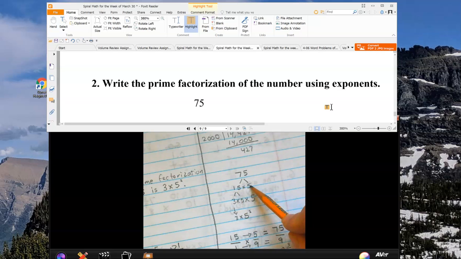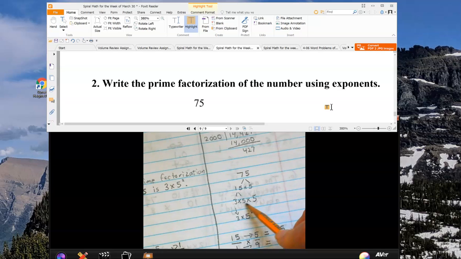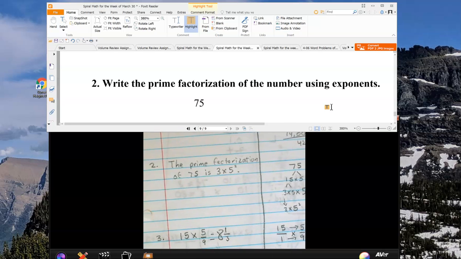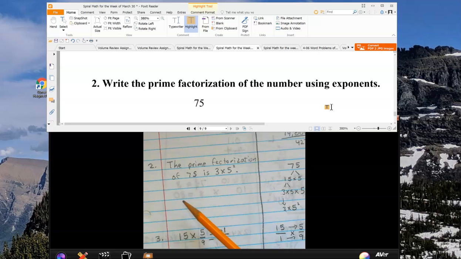I don't need to break 5 down anymore because it's already prime. Now I have my prime factors, 3 times 5 times 5. I can do one more thing, which is to turn the 5 times 5 into 5 to the second power using an exponent, and I'll leave the 3 alone. That means my answer sentence is going to be the prime factorization of 75 is 3 times 5 to the second power.